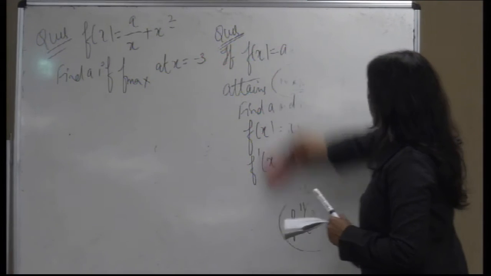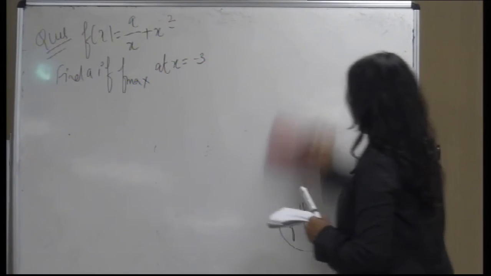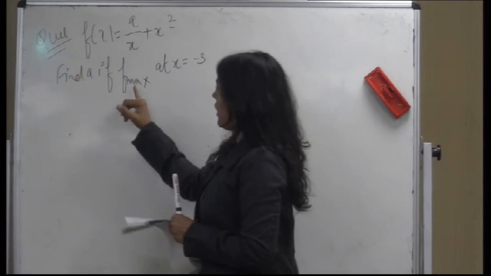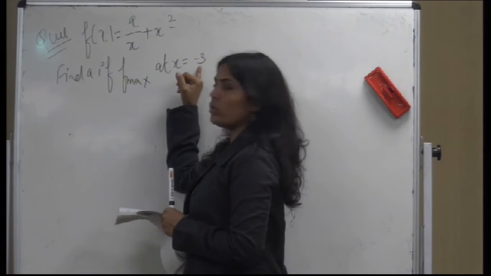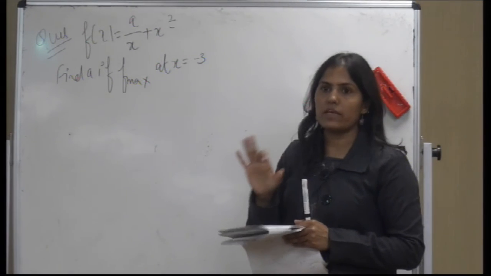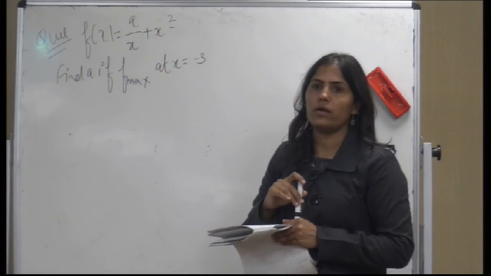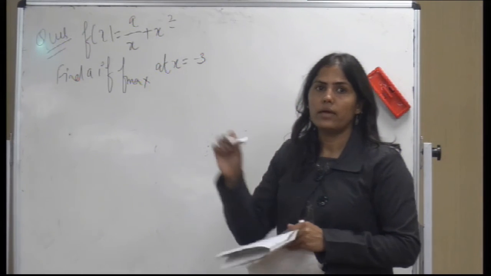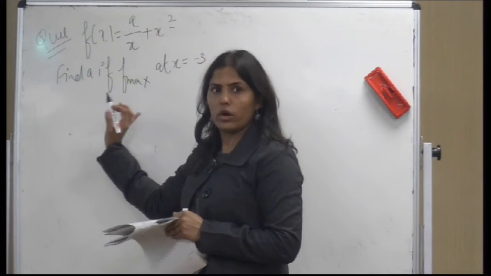So what are we given? A function is given, and we have to find the value of a if f is maximum at x equal to minus 3. So f is maximum at x equal to minus 3 means what? The derivative will be 0, 100%.